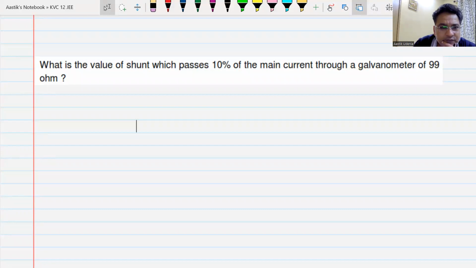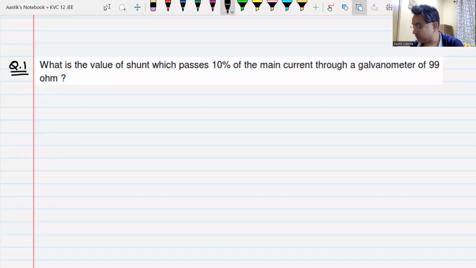What is the value of shunt which passes 10% of the main current? 10% of the main current means capital I, the range current, through a galvanometer whose resistance is 99 ohms. So now I'll give you a chance to get the answer for this one. I'll give you a minute to do it.